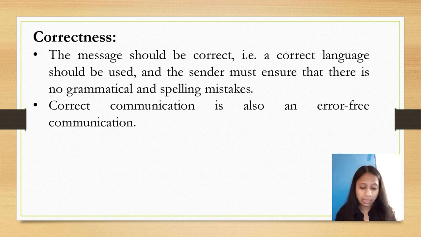Because if this happens, the audience will not listen to you anymore. They will simply sit and go, so your efforts, your time, your energy are wasted. Also ensure while sending your message there are no grammatical or spelling mistakes. So correct communication is also called error-free communication.